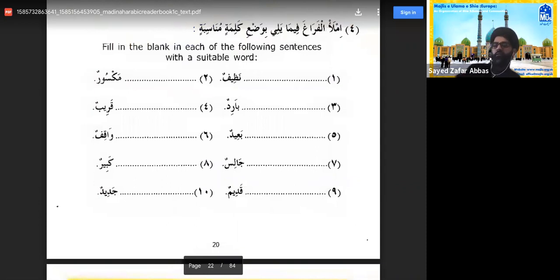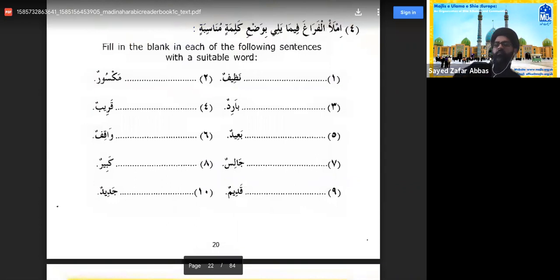So we have clean, broken, cold, near, far, standing, sitting, big, old, and new. So we need to find the nouns that we have already learnt which would fit in each of these categories, for example the words that we've used previously.